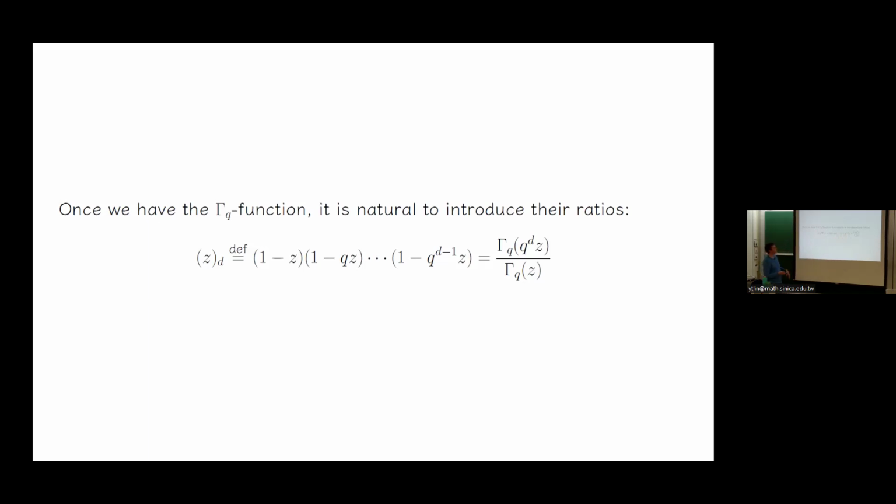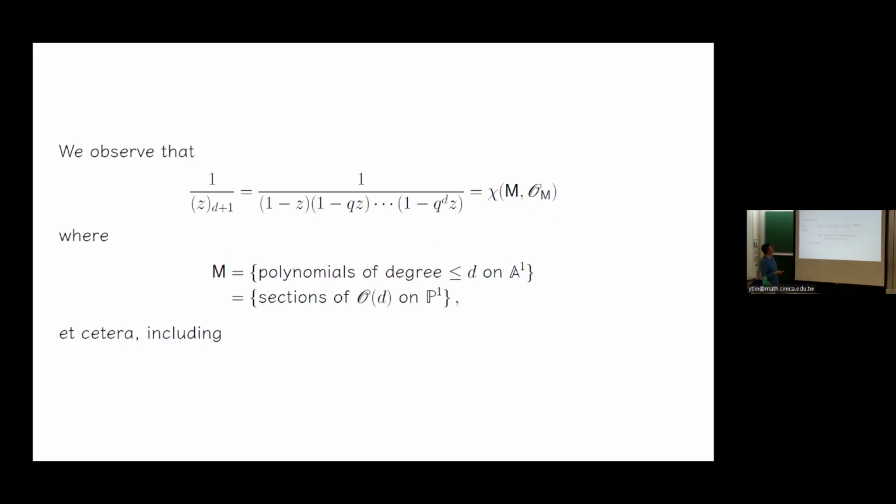So this is an object that appears on every page of every book on special functions in its additive form. And of course, what we already know, this is like a truncation of the Q gamma function. You take the product for the Q gamma function, and you truncate it up to Z plus 1 terms.